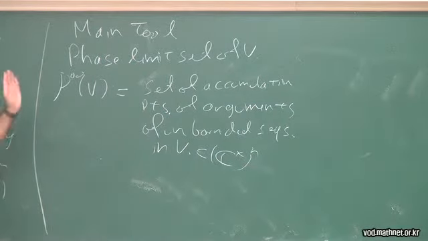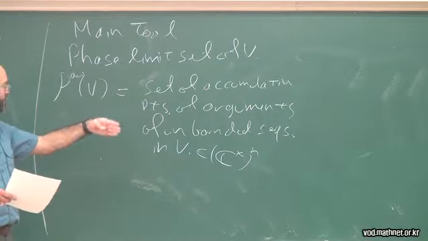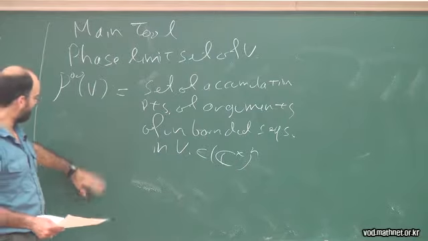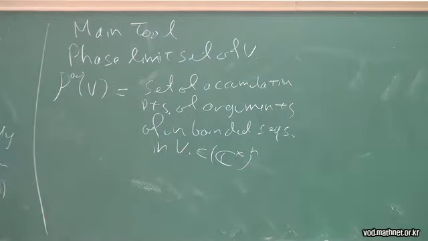So it has many directions to infinity, and you take the points near infinity of V, and you look at their arguments, and then take the limit of that construction, and that's called the phase limit set.